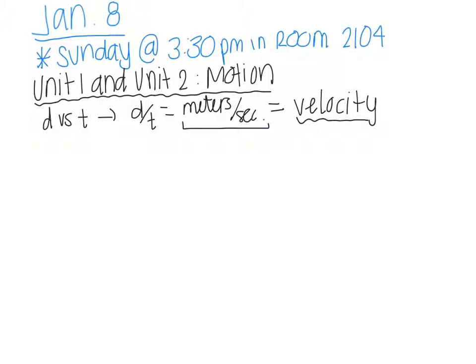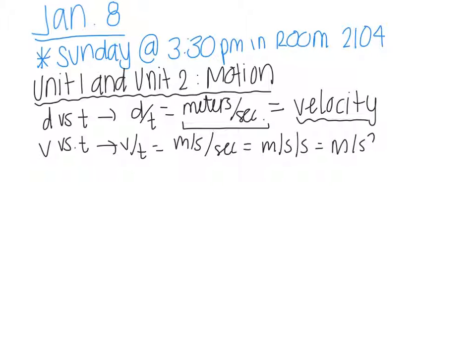Now, let's look at a V versus T graph. Okay, we're doing rise over run again, velocity over time. If I look at the units, velocity is meters per second. We just said that. Over time, which is seconds. So I'm looking at meters per second per second, which is also known as meters per second squared, which is dun, dun, dun, acceleration.